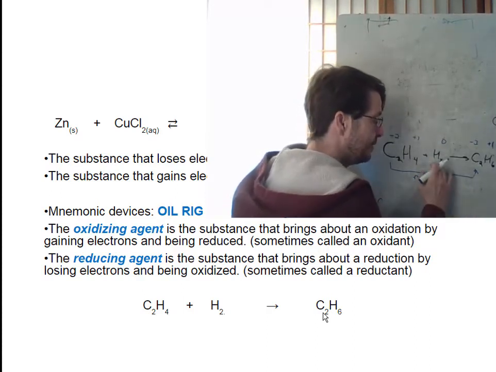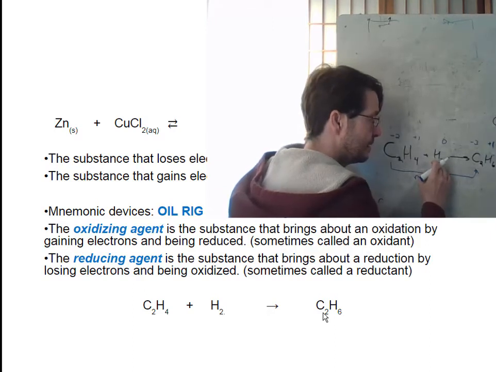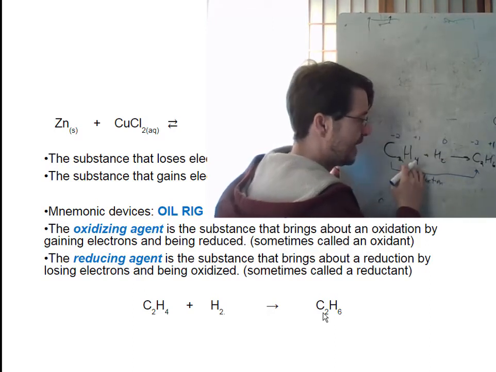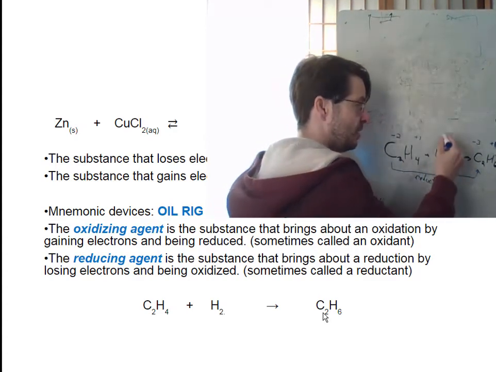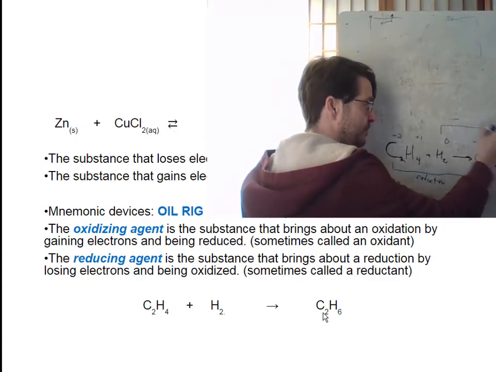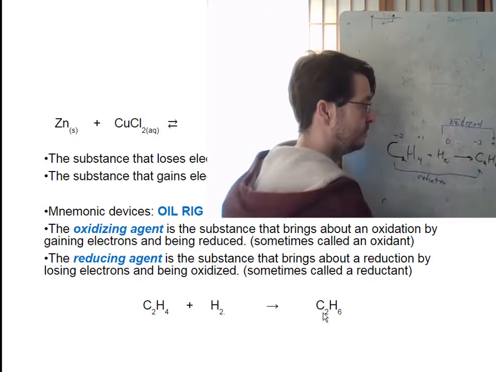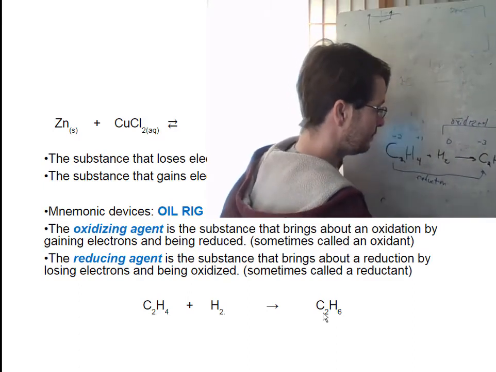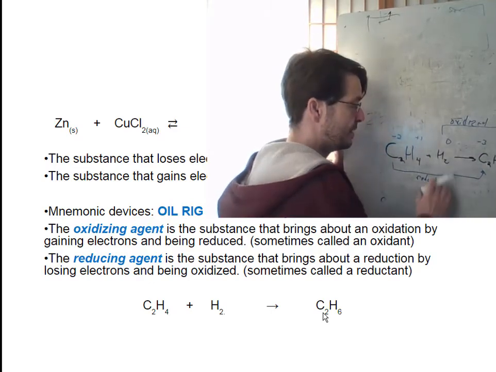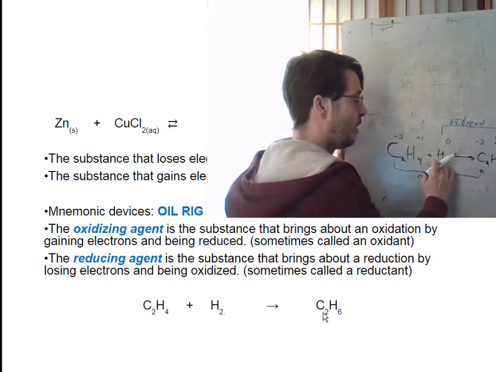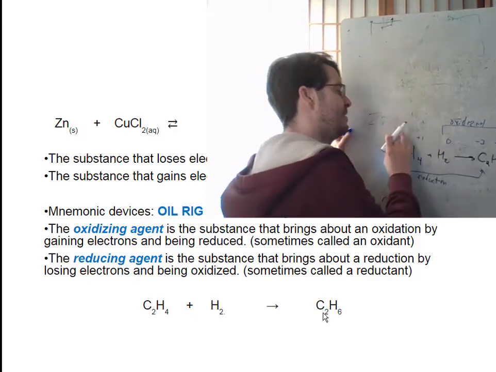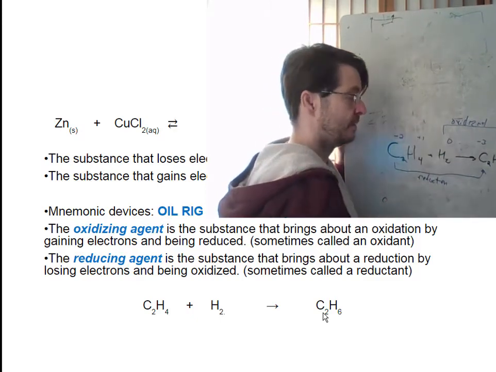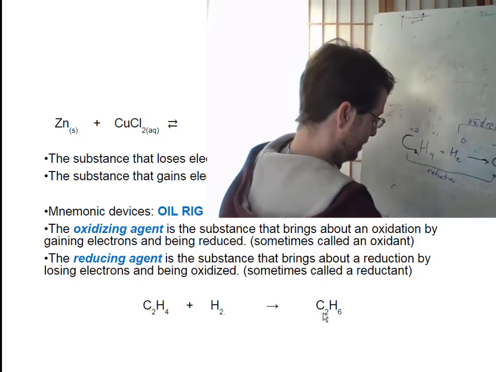We can see that these hydrogens haven't changed, but this particular hydrogen has become oxidized. It's gone from 0 to +1. And so we would say that the hydrogen is causing the C2H4 to undergo reduction. The hydrogen is reducing the C2H4, and in the process it is being oxidized.